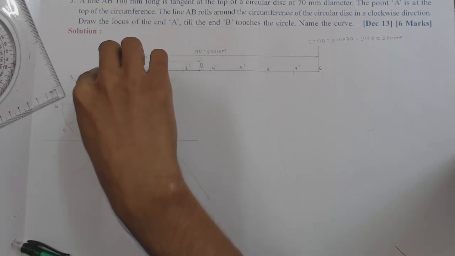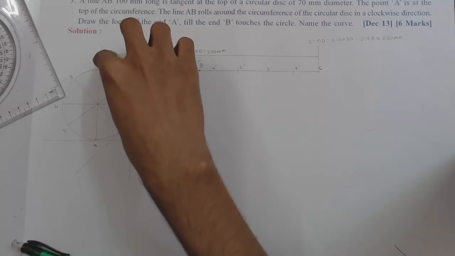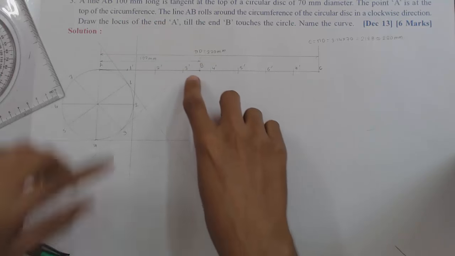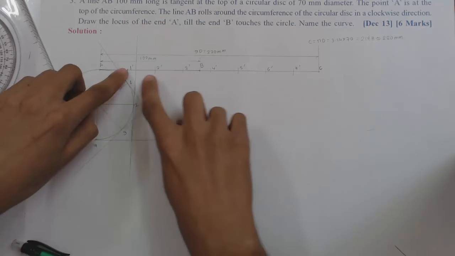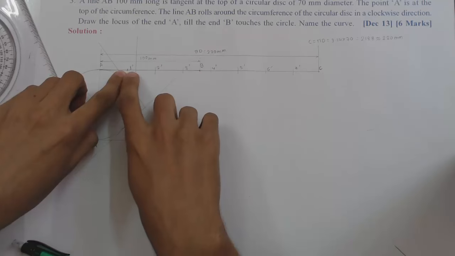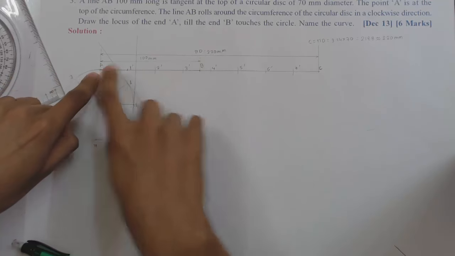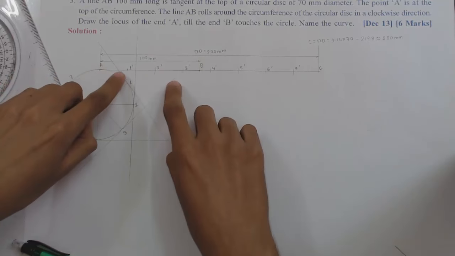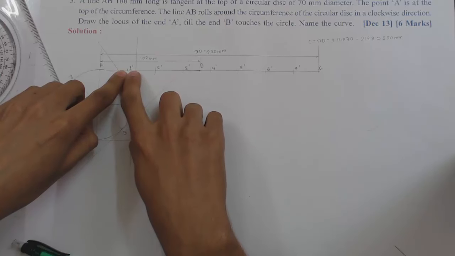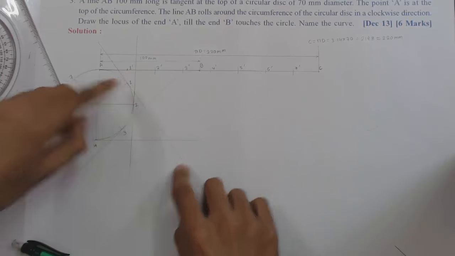So I will mark the arc A1 dash on this side to get the new position of A, and the remaining length, that is 1 dash to B, on this side. Remember, you need not take 1 dash to C because we are rotating the line AB and not the circumference.